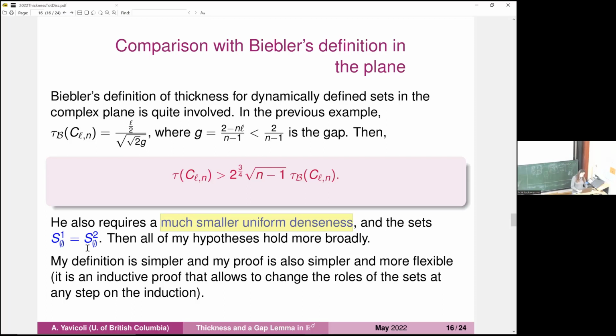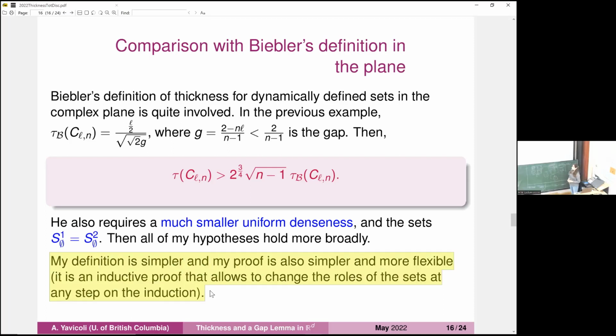And I also allow the sets we start with to be different. So for example, I can have a compact set starting with the construction in this cube, and another one starting here, and everything is fine. And well, also my definition is simpler.